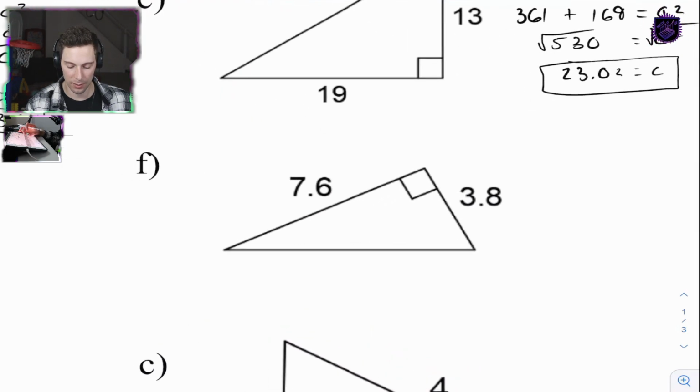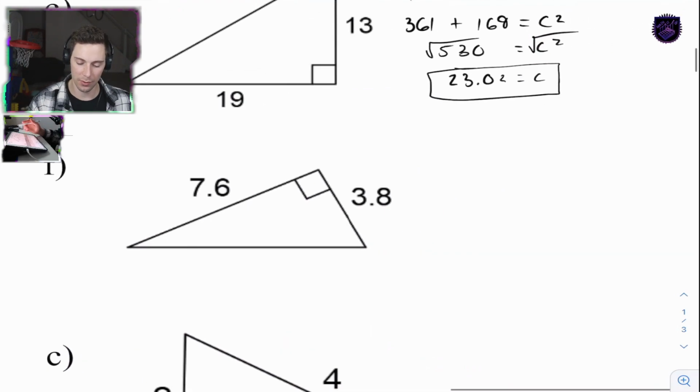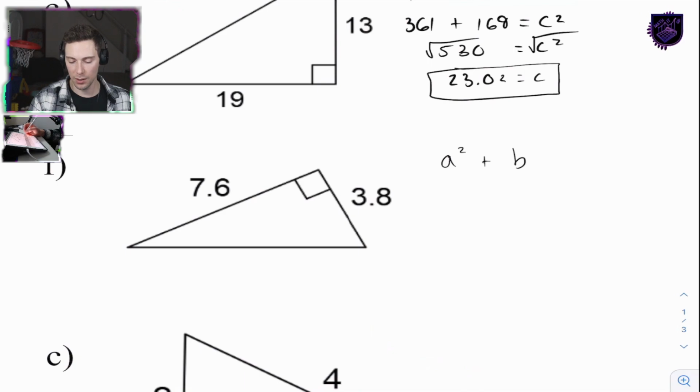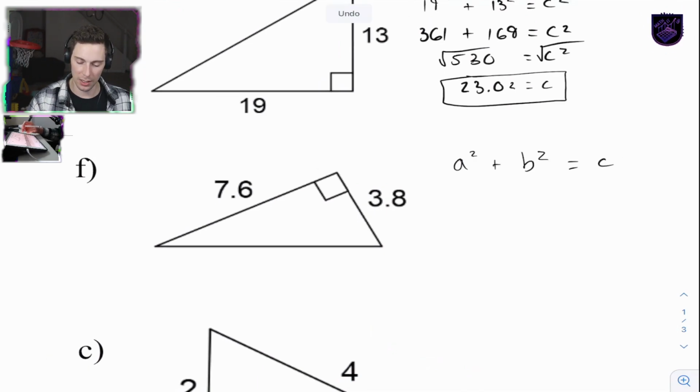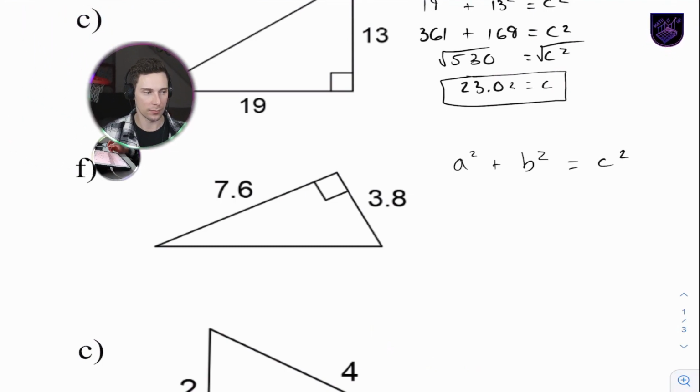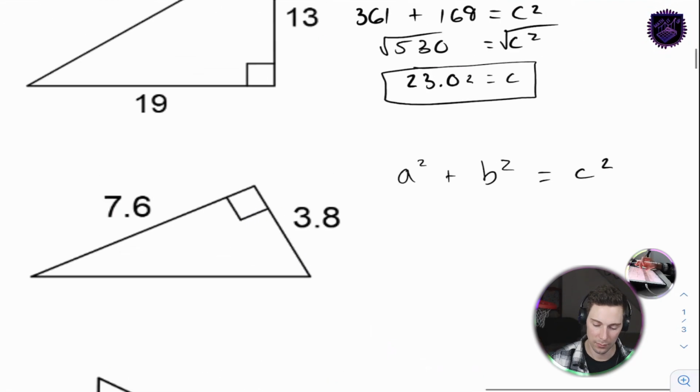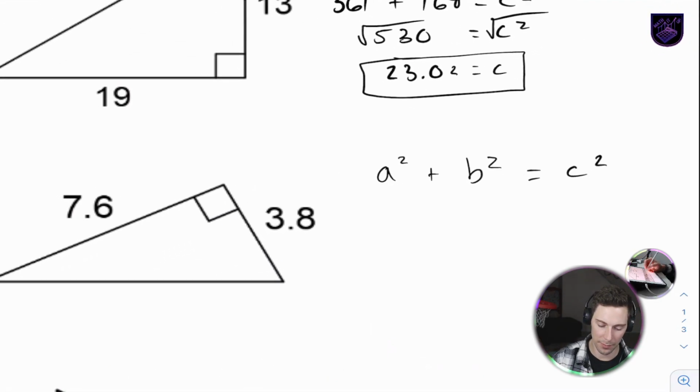7.6 and 3.8. All right, let's write out our formula. A squared plus b squared is equal to c squared. A squared is 7.6 squared plus B squared is 3.8 squared is equal to C squared.